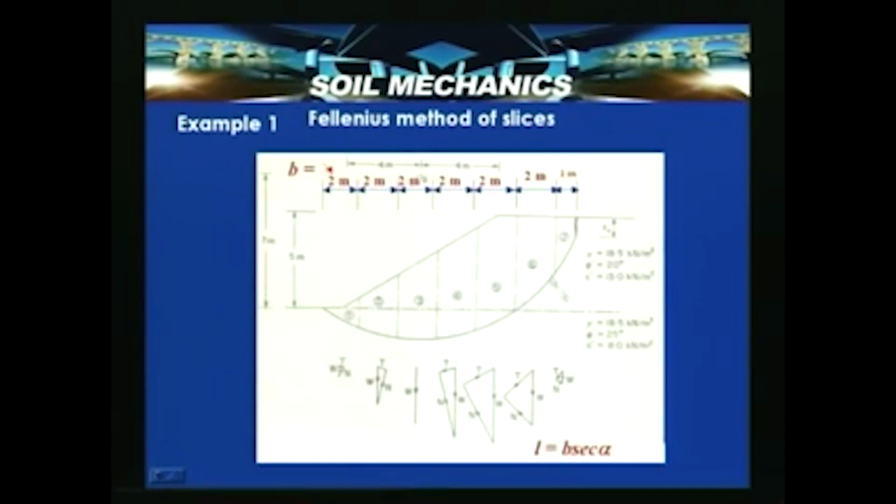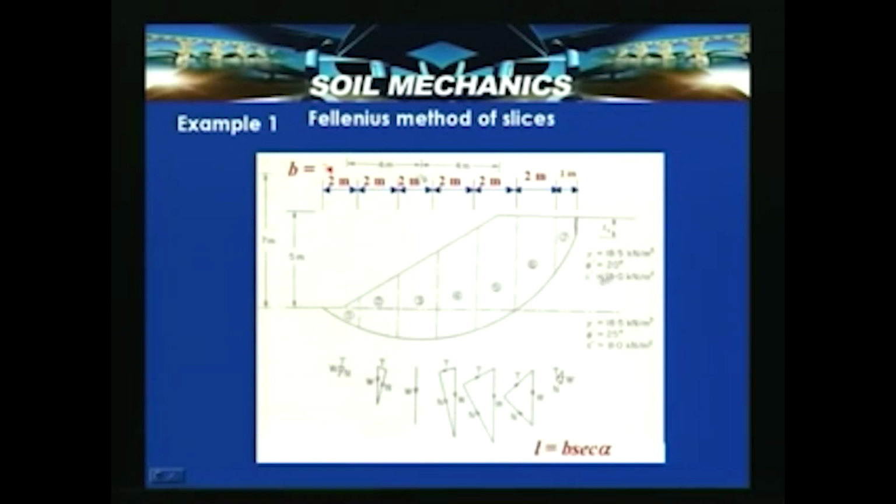And here, the soil within the embankment portion has gamma about 18.5 kilonewton per meter cube, phi dash equal to 20 degrees, C dash equal to 15 kilonewton per meter square. And the foundation soil has gamma equal to 18.5 kilonewton per meter cube, phi dash equal to 25 degrees, C equal to 8 kilonewton per meter square. So, these are the properties of the foundation soil and these are the properties of the soil within the bund. So, 2 layers are there, which means that up to this portion the base of the slice is exposed.